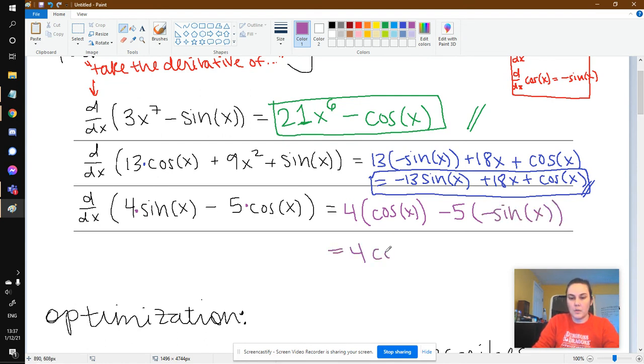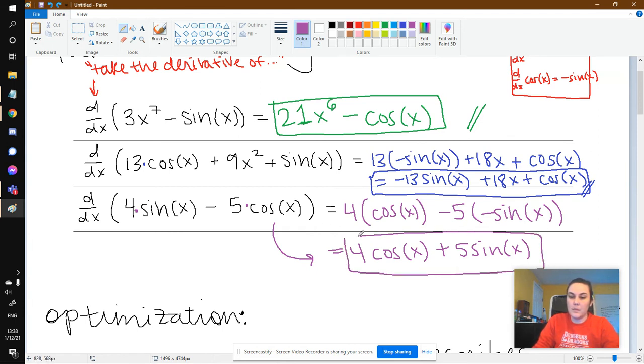Simplifying that, we get 4 cosine plus 5 sine. The negative times a negative cancels and becomes plus. We could go straight from here to here. I don't need to see this work to count for full credit. I just want to let you know kind of what's going on behind the scenes.